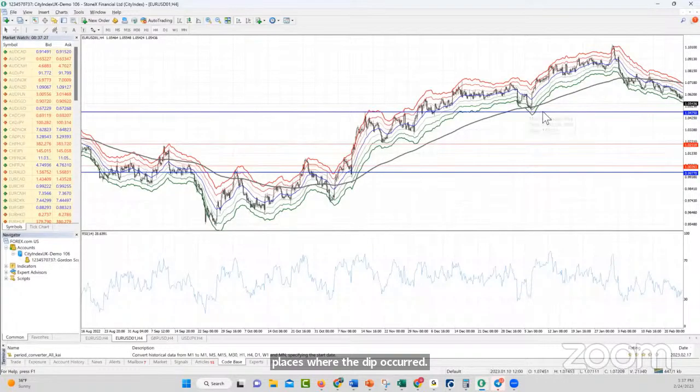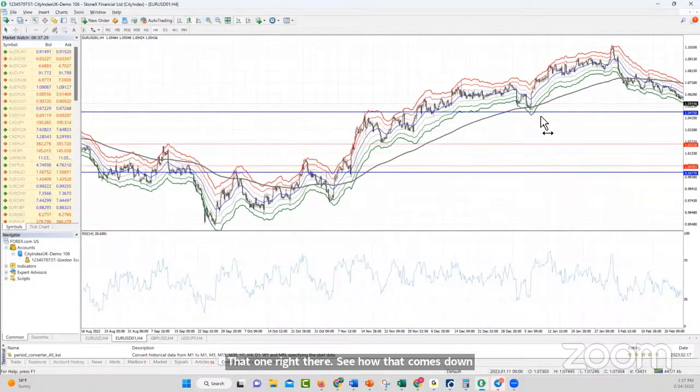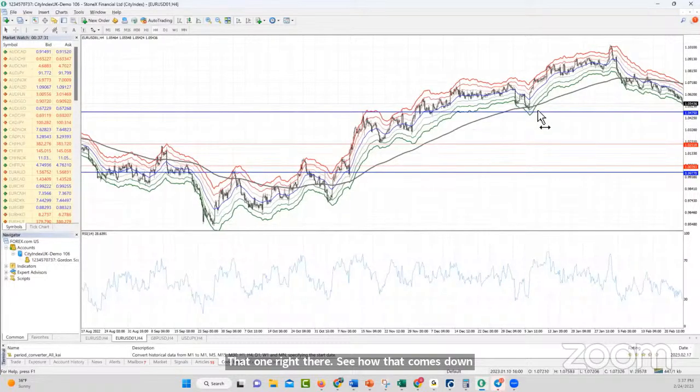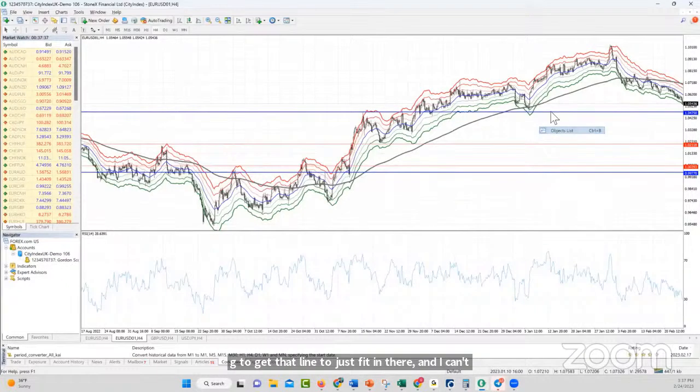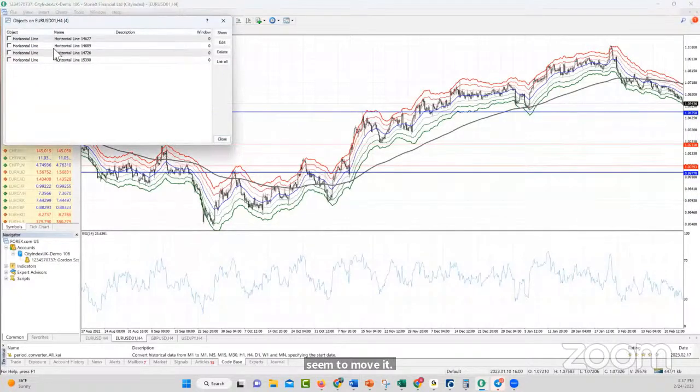That one right there, see how that comes down? I'm trying to get that line to fit in there, and I can't seem to move it. Horizontal line.